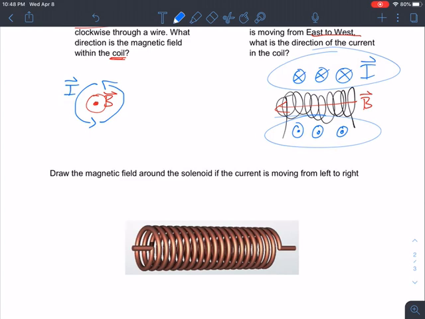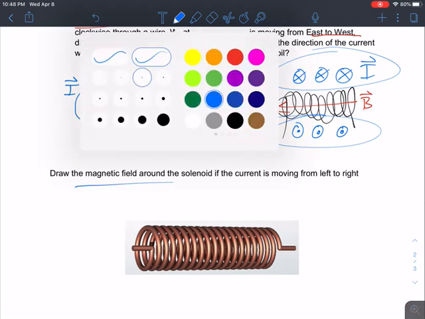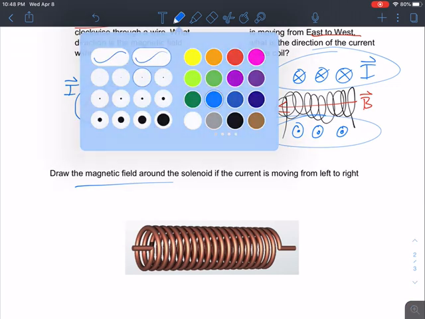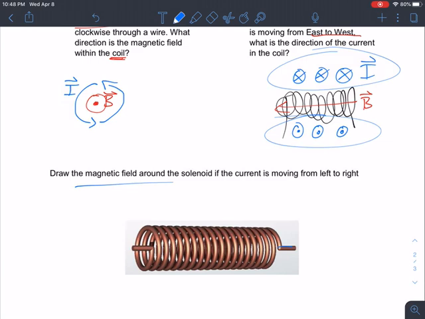So what does this look like? Let's draw the magnetic field around a solenoid if the current is moving from left to right. Okay, so what that looks like is the current is moving from left, that is this side, and it's moving in and going out there. And you can see this is going down and up. So this is out of the page and into the page, right?